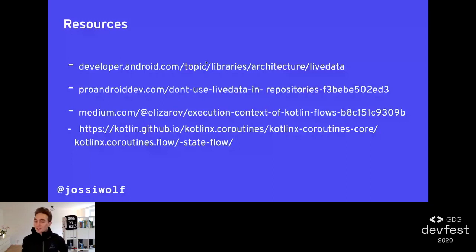I hope I pronounced the name right. Sorry if not. And that gives some great insight about how controlling execution context is designed for Kotlin flows, why it's designed that way. And finally, there's the official documentation for StateFlow. So make sure to take a look at that as well.